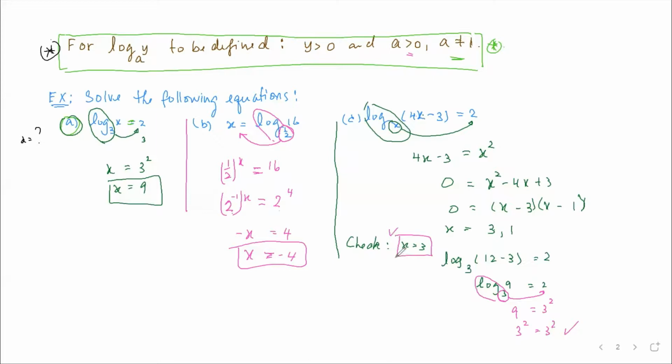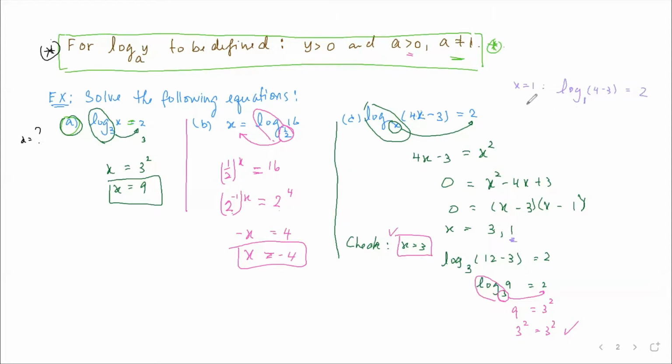So x equals 3 works. Now I have to check whether x equals 1 works or not. If x equals 1, see whether it works. So replace it: 1 times 4 is 4, minus 3, and the base is 1, equals 2.